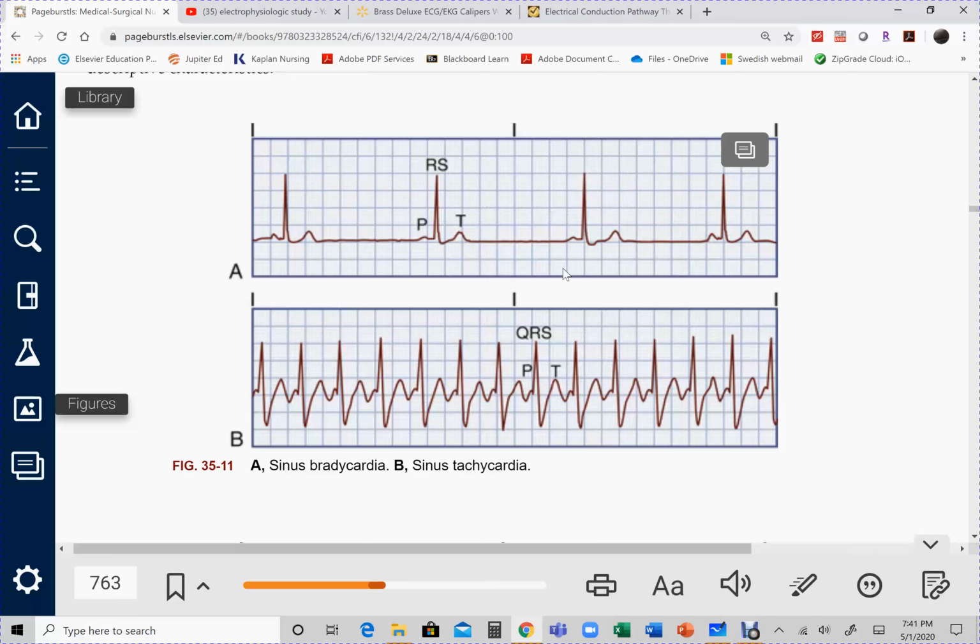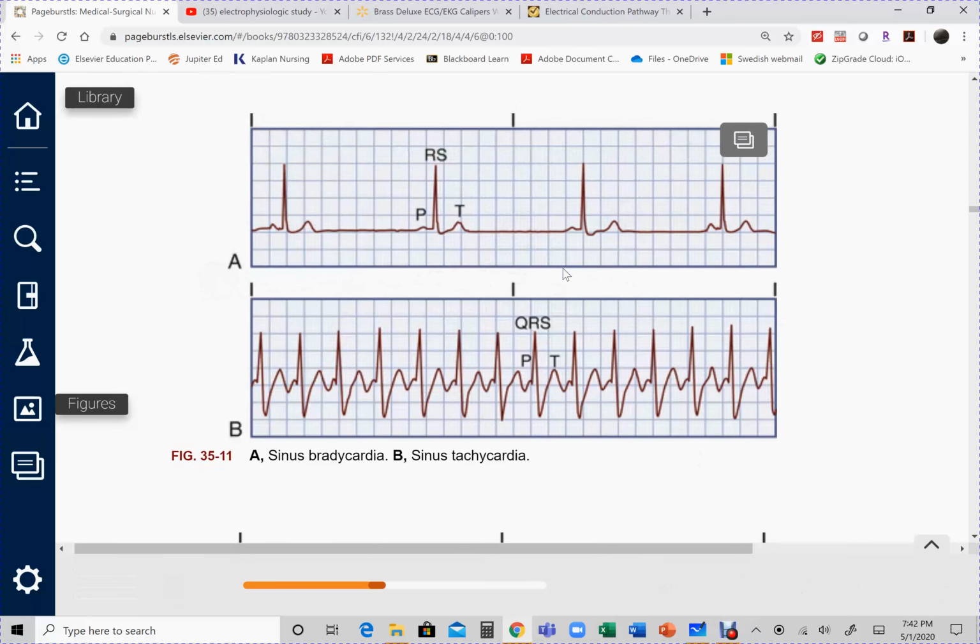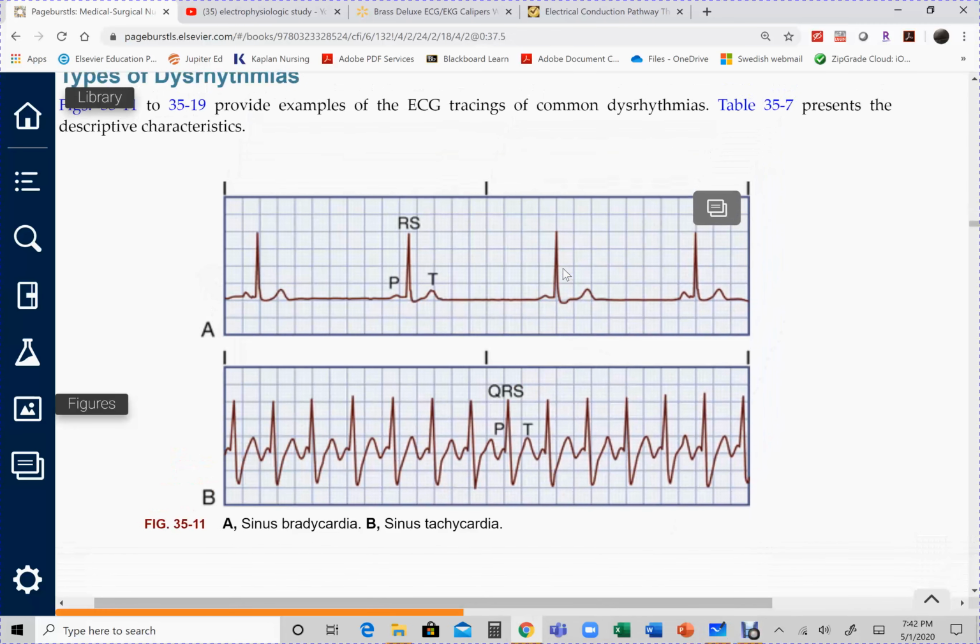So if I grab a caliper, so take out your nice piece of paper, your poor man's caliper, if I measure from this P to this P, and then move my caliper to the next R to the next R, they are occurring regularly.